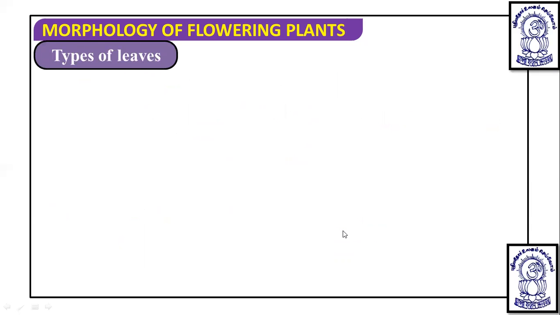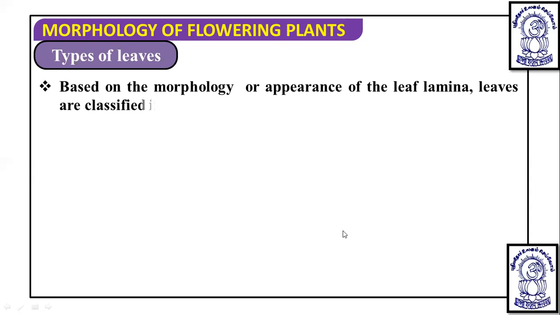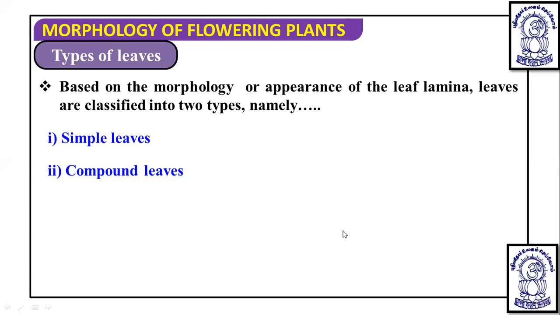Now after venation, that is the arrangement of veins and veinlets and their different types with examples, we are going to study the types of leaves. The types of leaves are based on the morphology or appearance of the leaf lamina. Based on this, leaves are classified into two main types, simple leaves and compound leaves.